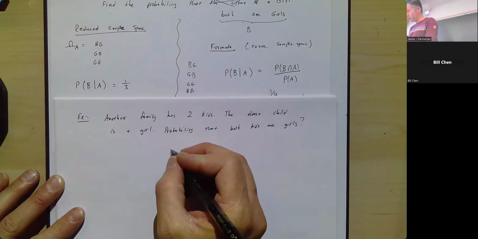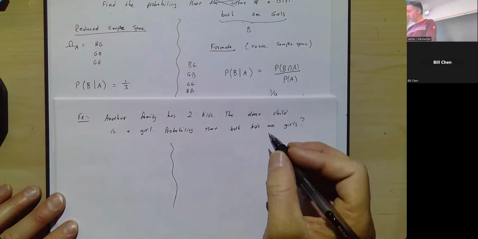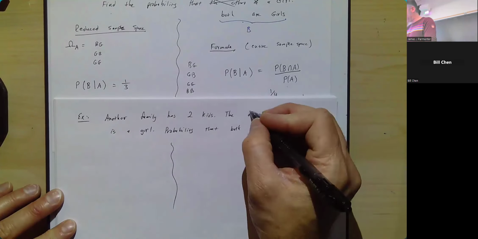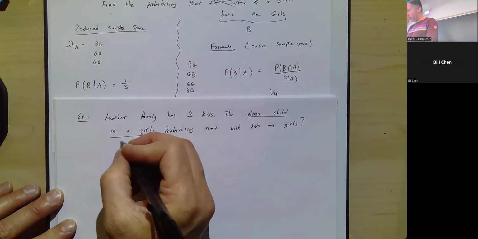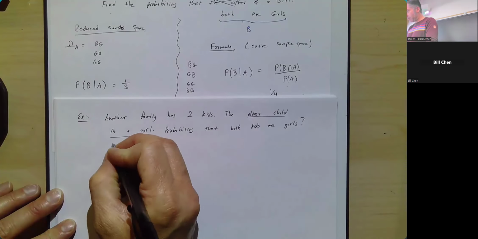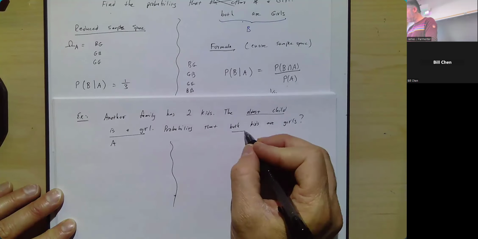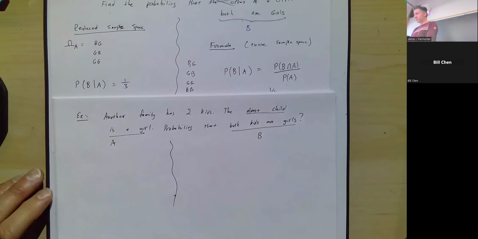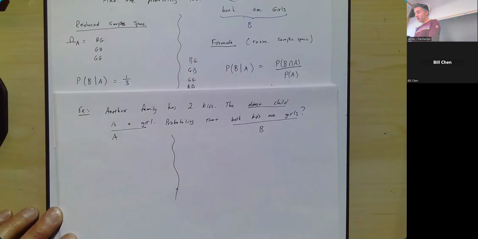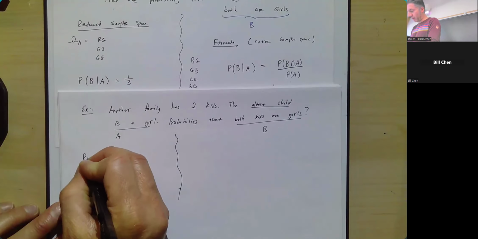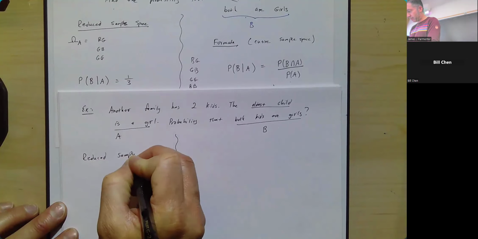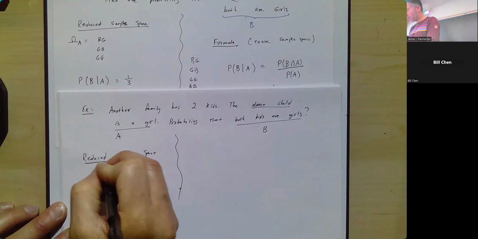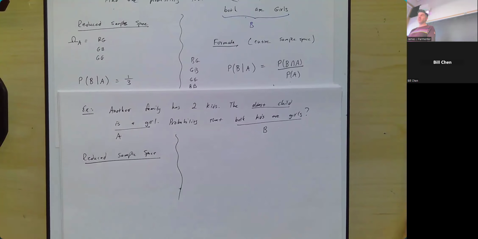Now, if we do it the reduced sample space way, and again, it's good to label your things, the oldest one being a girl, that's event A. And both being girls, that's event B. So now our reduced sample space, well, there aren't 3 things anymore.